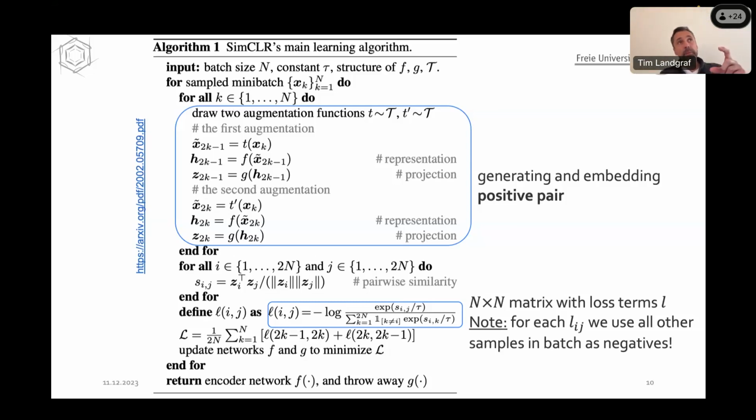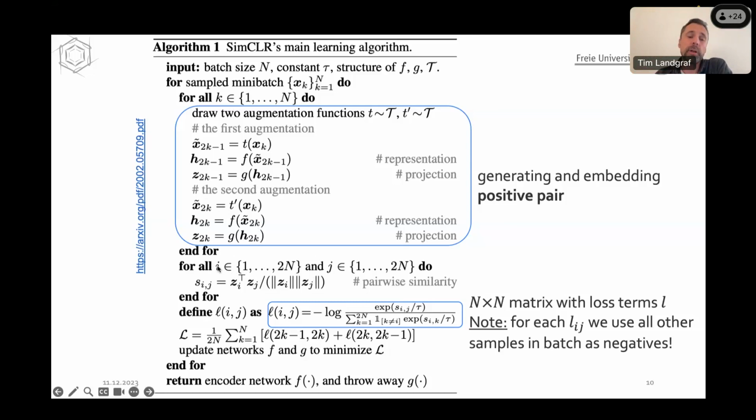Each sample comes in two versions, and we have n many, so we have 2 times n many in the end. So we go through all of them and look at the pairwise distances.